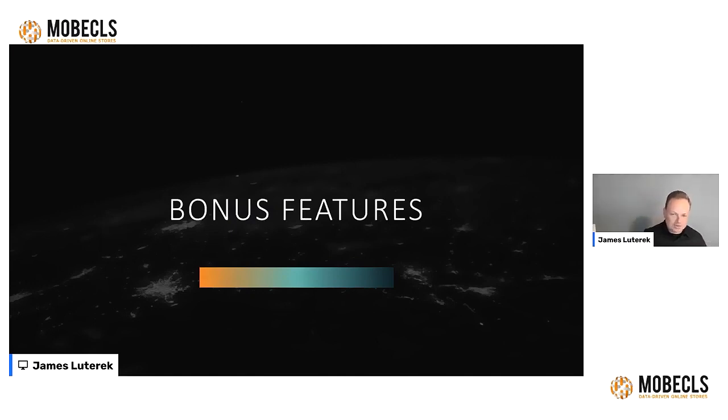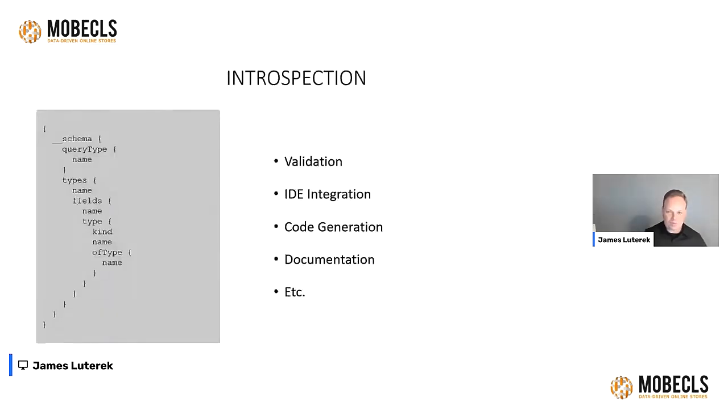So let's talk about some of the bonus features that come with GraphQL and partly why it's become so popular. The first is a very technical concept called introspection, but you boil it down and you can say that GraphQL endpoints are self-documenting, because you can pass in a specific query that says, give me the schema of this endpoint.